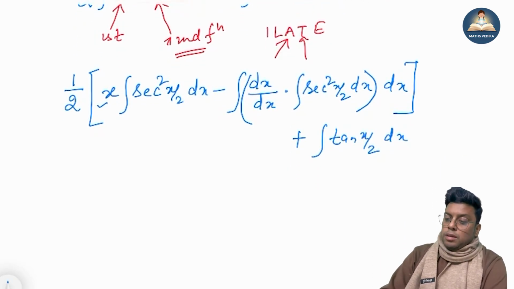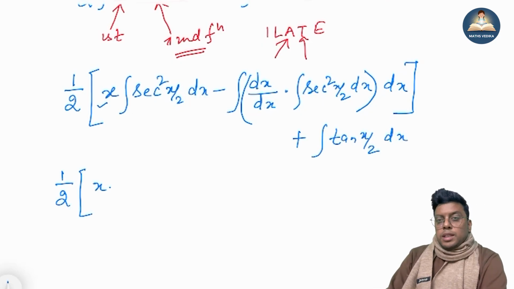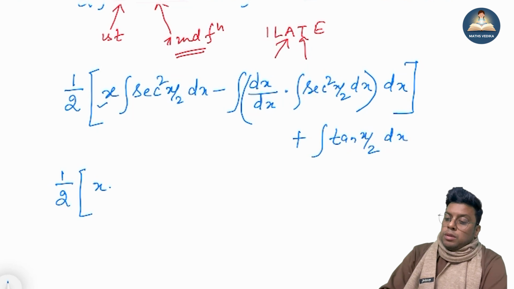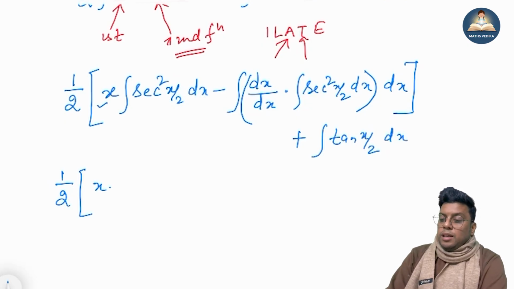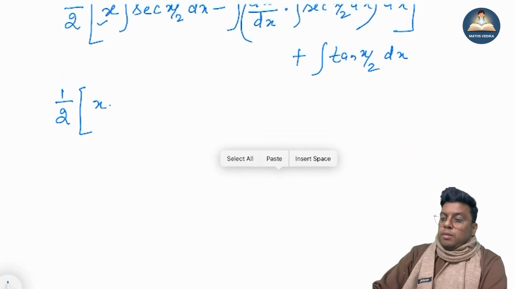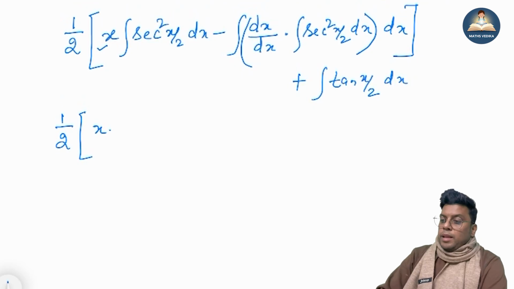Now we'll solve it. Half x. Now what is the integration of sec² x? The integration is tan x, and here it is x by 2, so the value of the whole integration will be multiplied by 2. We suppose x by 2 as t, then differentiate it, dt by dx, and put the value of dx in dt form.